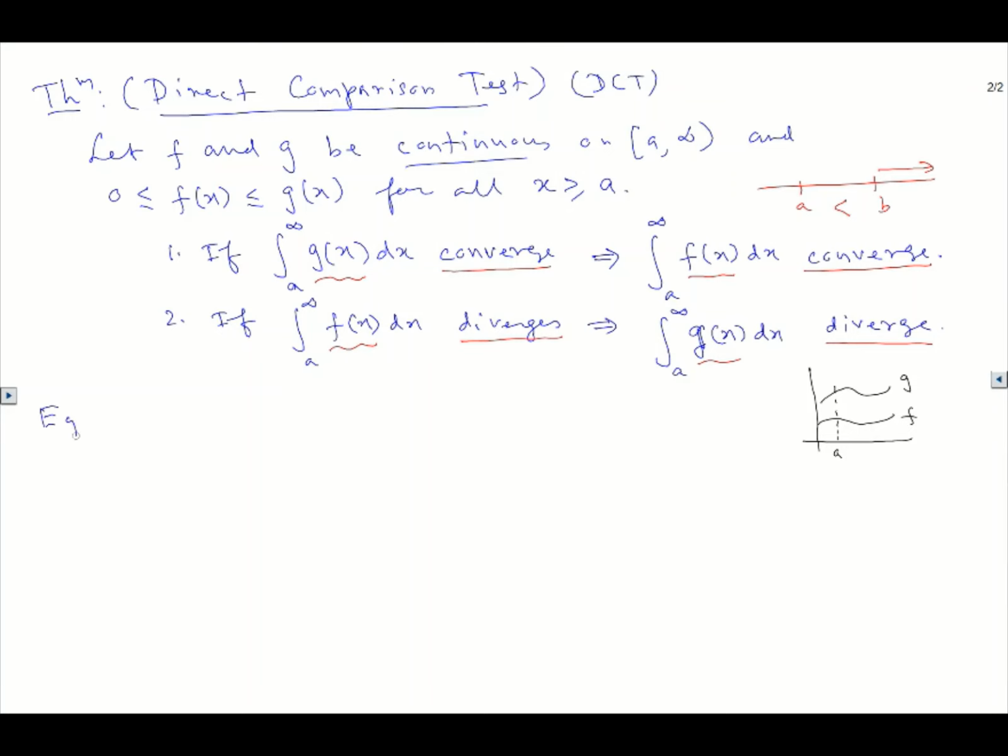Test whether the following integrals converge or diverge.